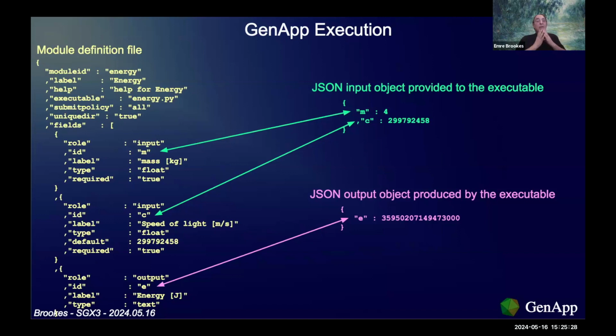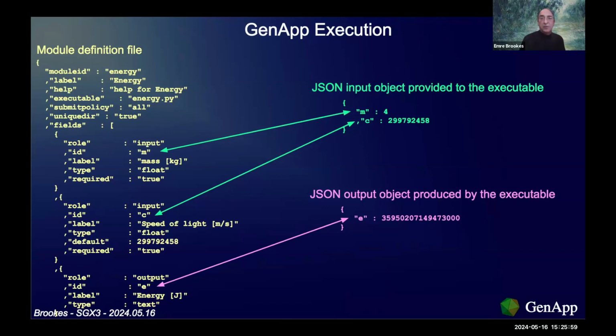So when it actually runs, when the user submits, the generated web-based JavaScript code will take that input and create a JSON input object to the executable, where it maps the IDs of the input fields to the user input values.